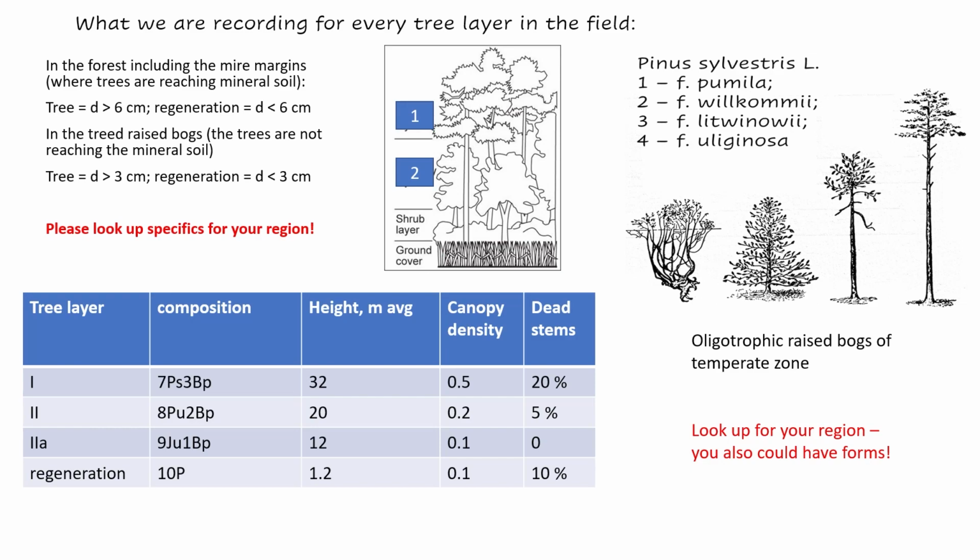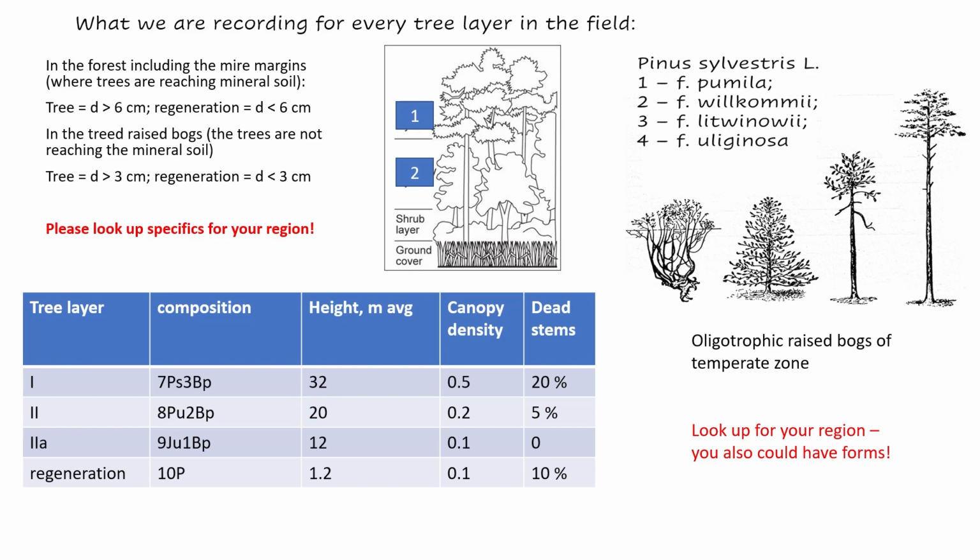However, within peatland, depending on the conditions, on how deep is peat and how long this pine population is staying there isolated from the mineral soil, you can designate the forms. The highest is form oligonosa. This is usually the dominating pine tree at the edges.